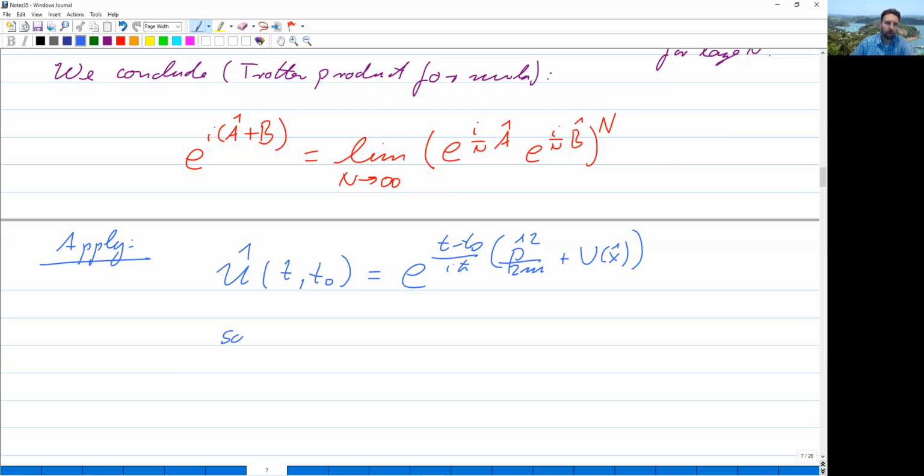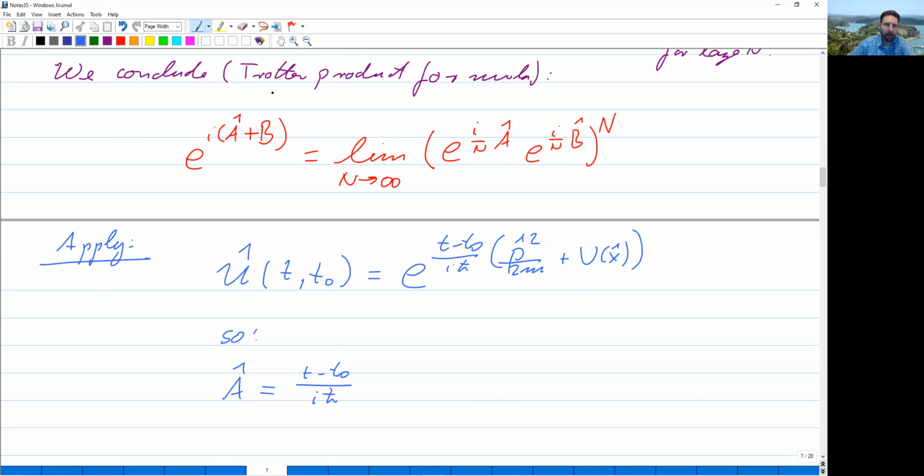So if we now identify what our â and b̂ are, we have that â here is (t minus t naught) divided by i h bar.